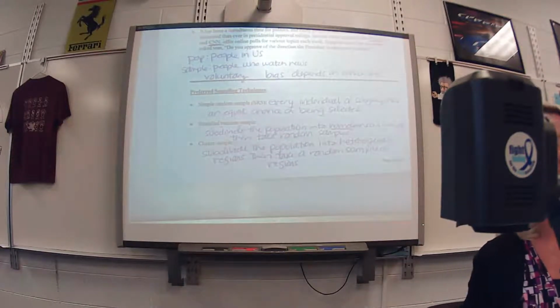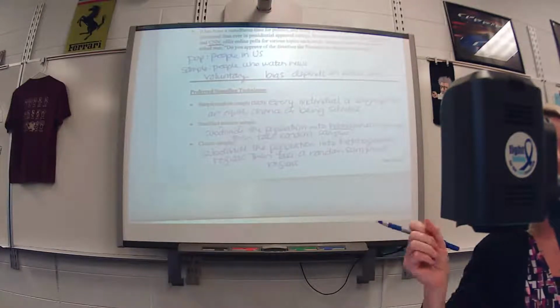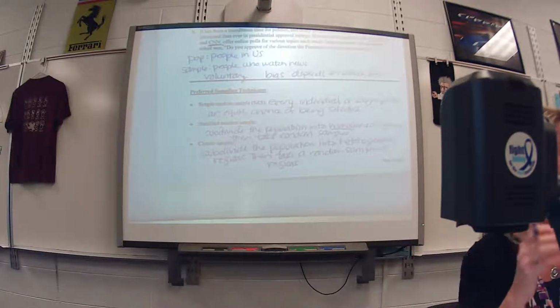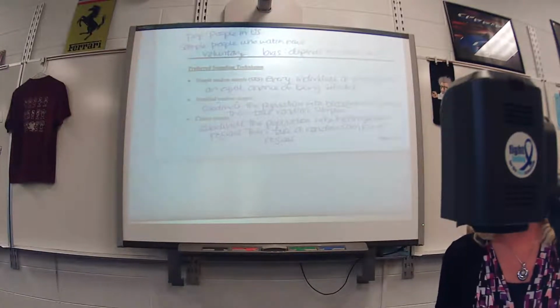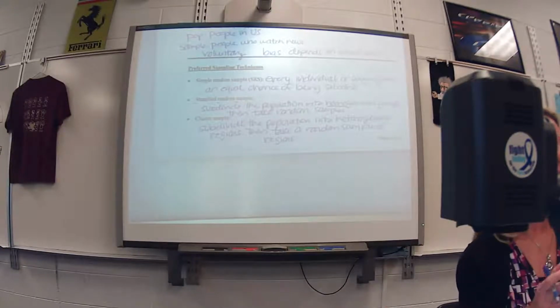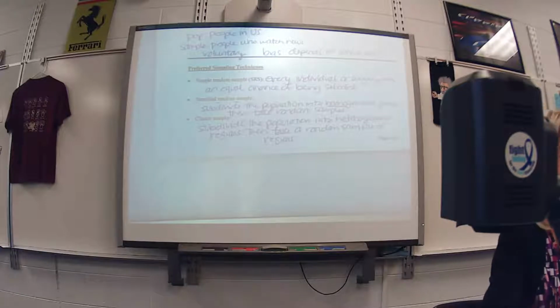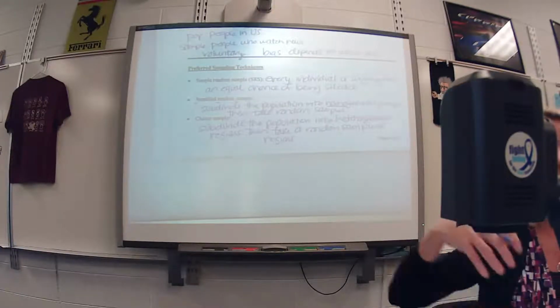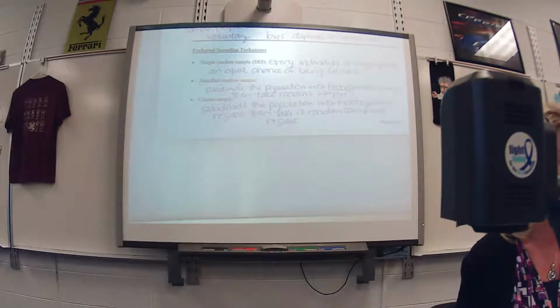So the simple random sample is literally where you could say, I put all the names of the individuals in a hat and I draw 4 of them out, okay? The stratified random sample is where you say, wait a second, I think maybe males and females might respond differently. So you separate them first, and then you might say, I'm going to get 2 from here and 2 from here.